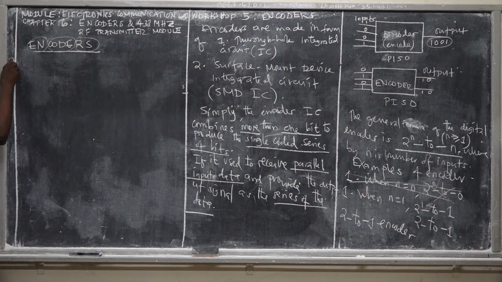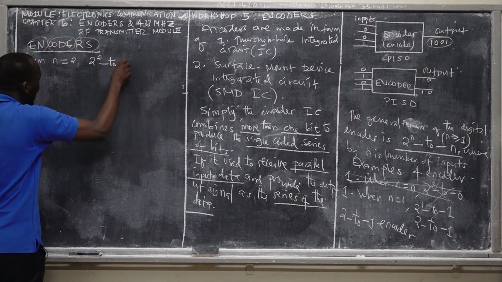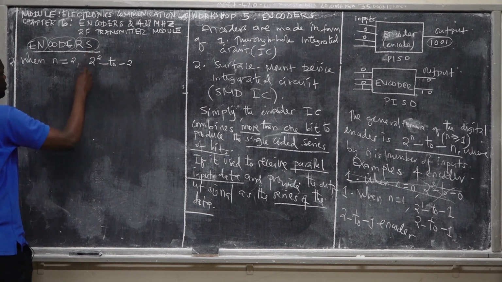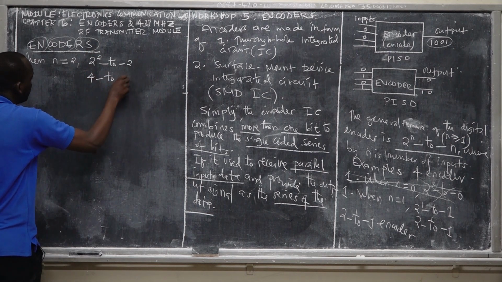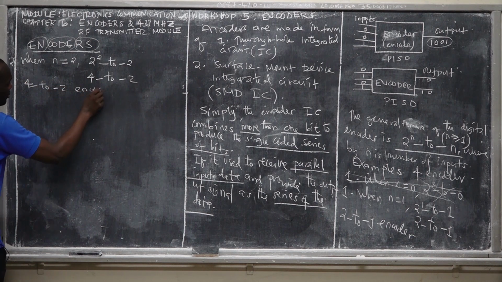Then the second example, when n is equal to 2, we have 2 power 2, then dash 2. So 2 power 2 makes 4 to 2. We call it a 4 to 2 encoder.